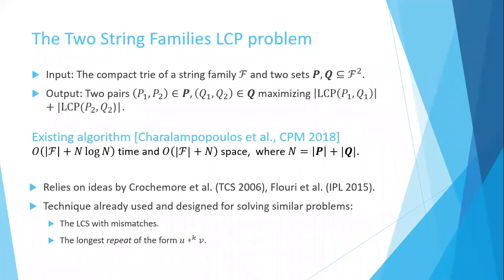But apparently, Charalampopoulos et al. formalized a technique by Kosolobov et al. and Fleury et al., which is also used for similar LCS problems, and basically it's exactly what we need. The input to the problem is P and Q, and the output is exactly what we need.